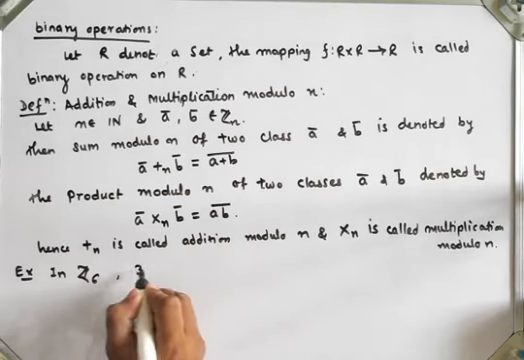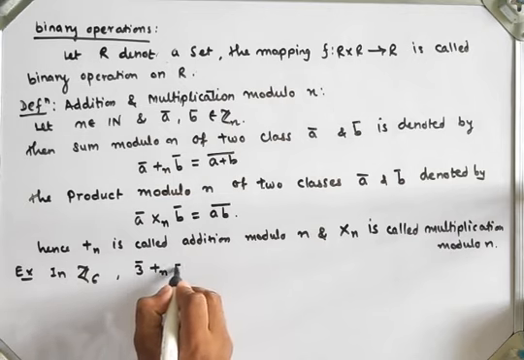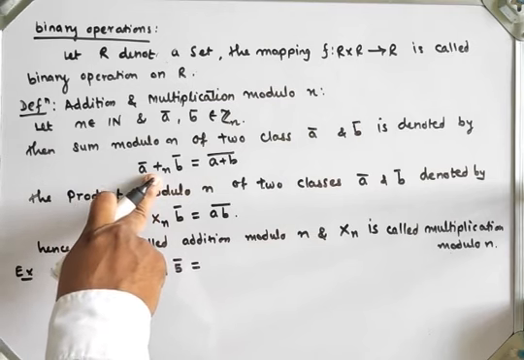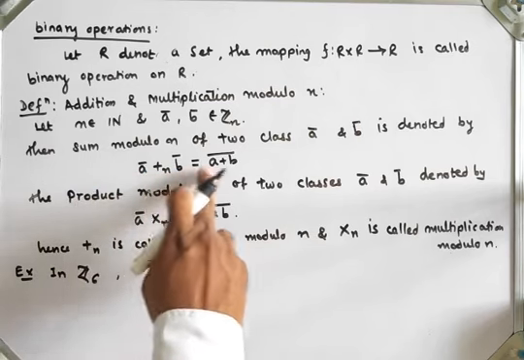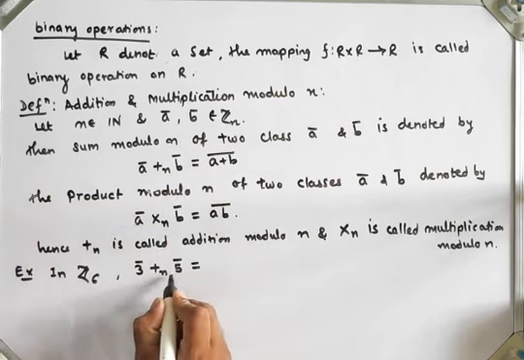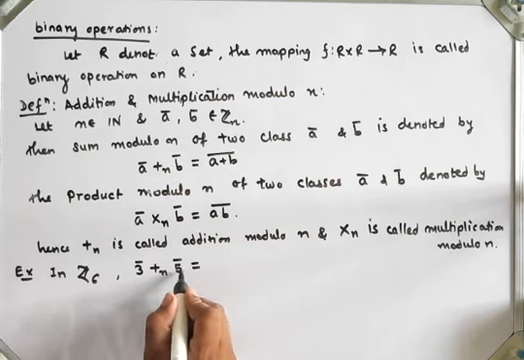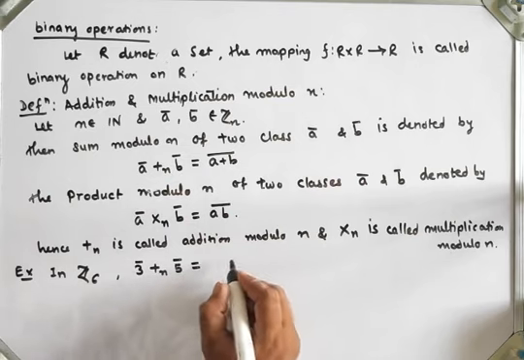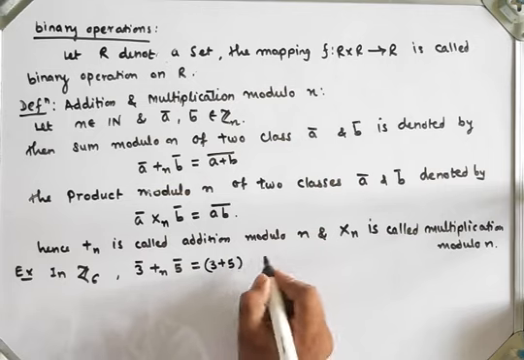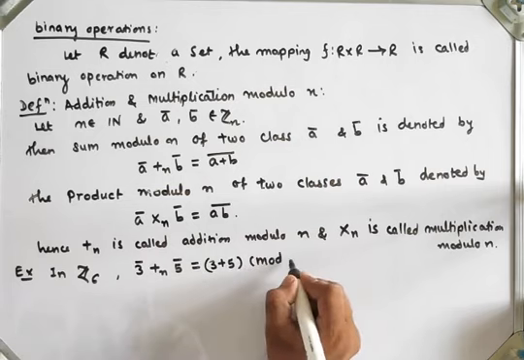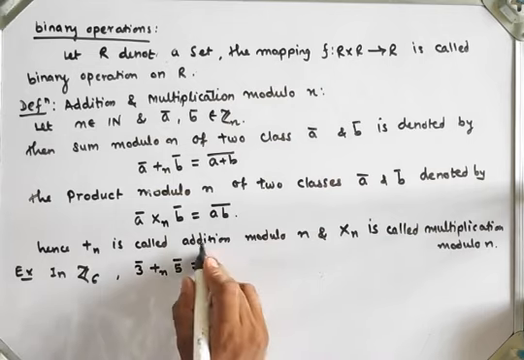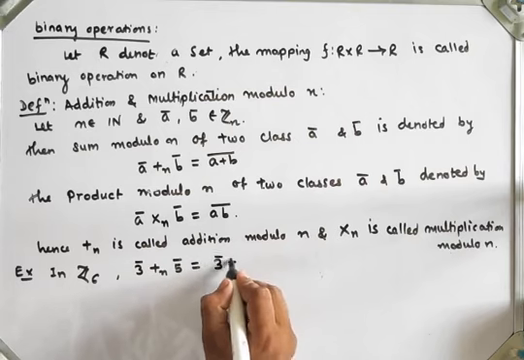So 3 bar addition modulo 6 5 bar: by using the definition, residue class A plus modulo n residue class B is the same as the residue class of A plus B. So here 3 plus 5 modulo 6.